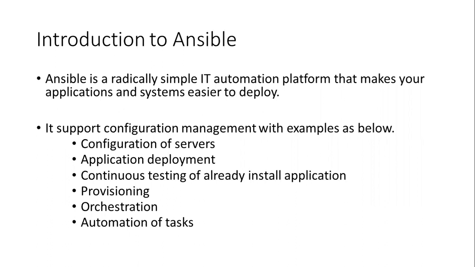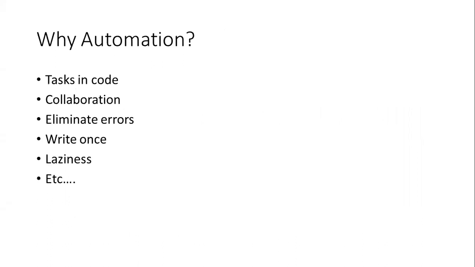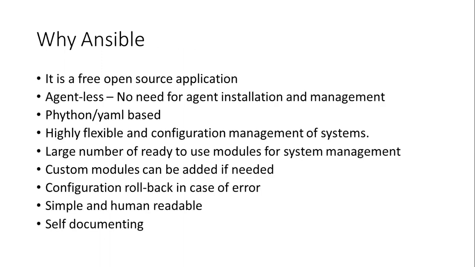All that can be done with Ansible, apart from Chef and Puppet. We will not discuss why we need automation; we know that. Why Ansible? That we'll try to discuss.